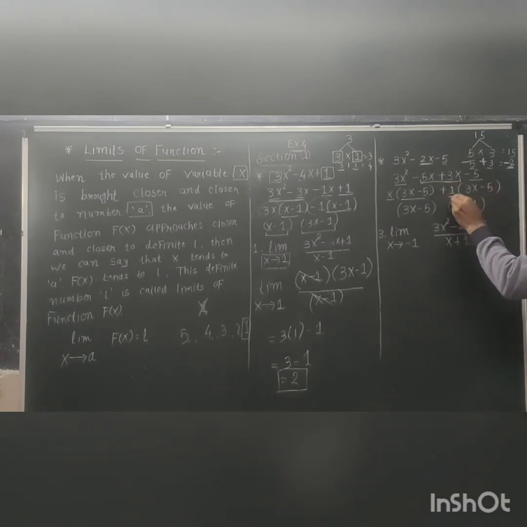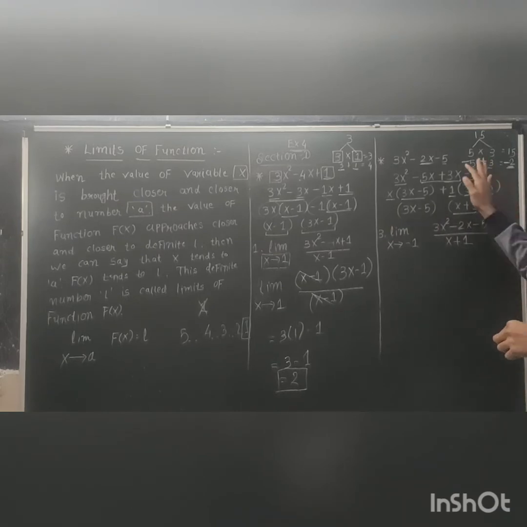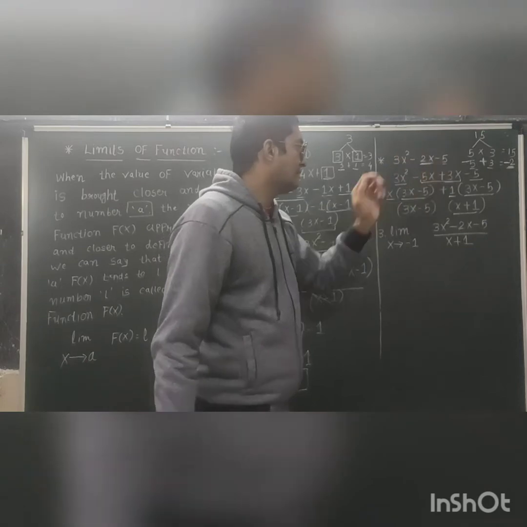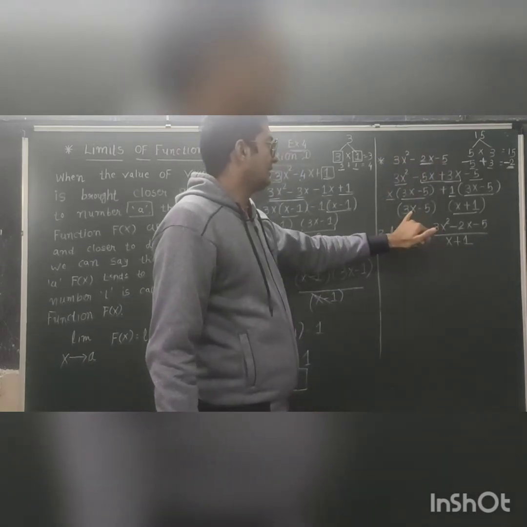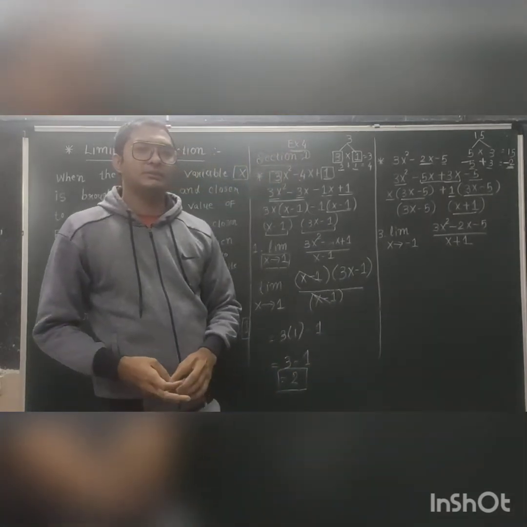Common factor 1, in bracket 3x minus 5. Now the common value 3x minus 5 in the first bracket, while x plus 1 in the second bracket. So this is the factorization of 3x square minus 2x minus 5. Our answer is 3x minus 5 and x plus 1.